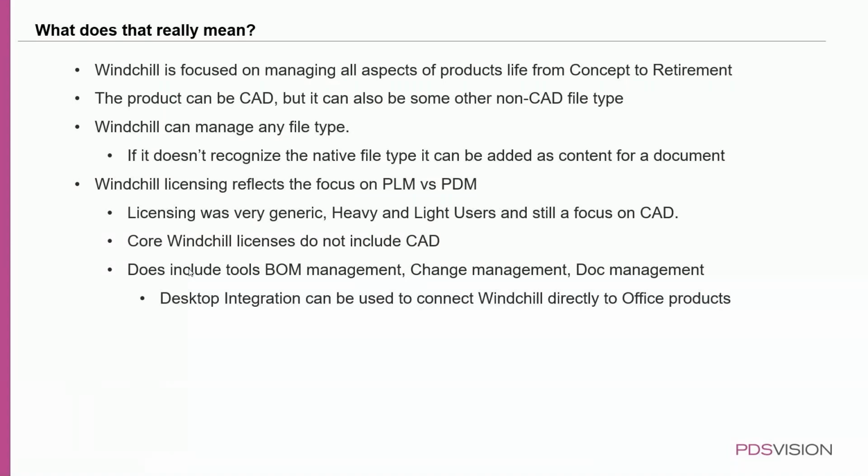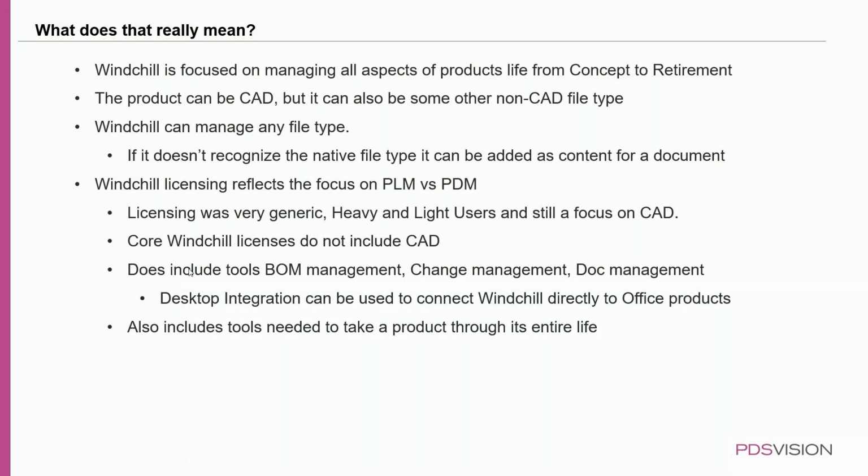You have desktop integration, which allows you to work directly within Office connected to Windchill. So you can open files directly from the Windchill database without having to download them. It also includes tools that allow you to go through the entire lifecycle.